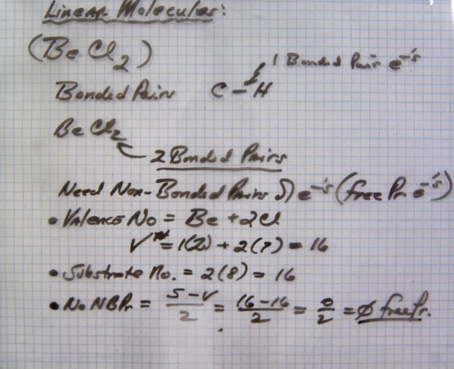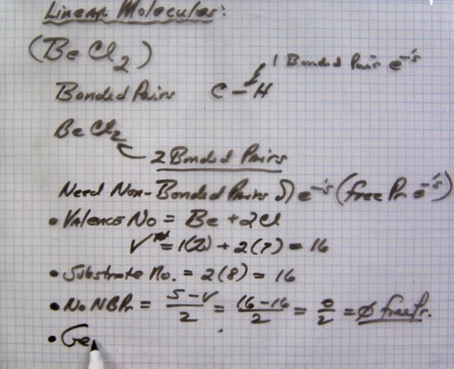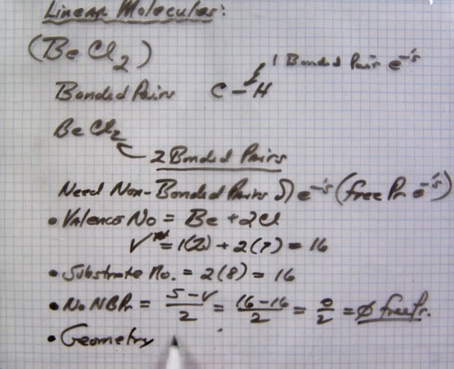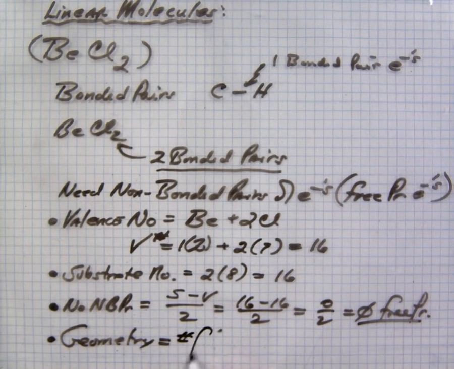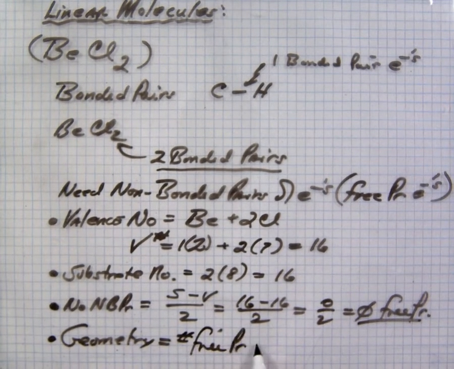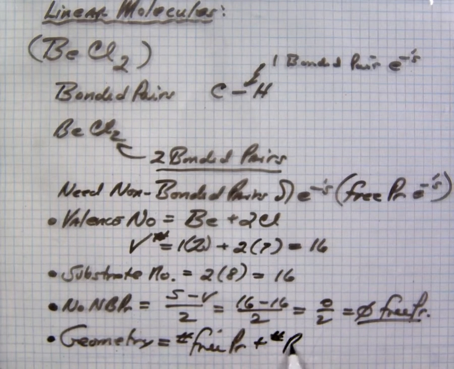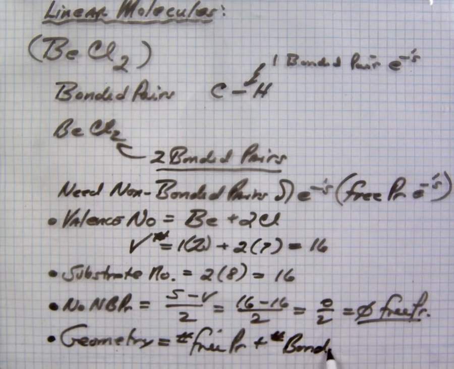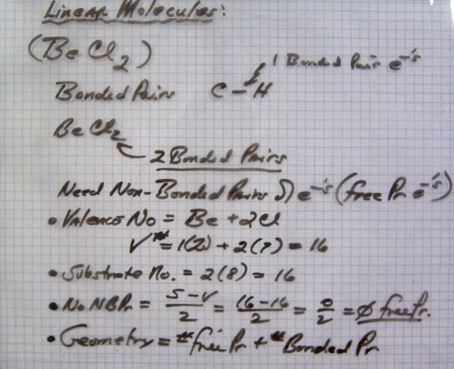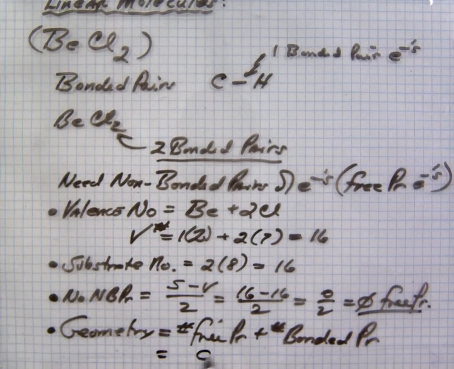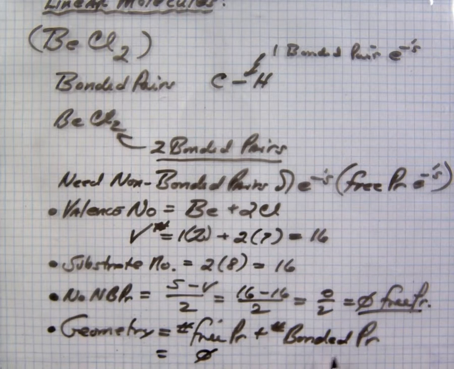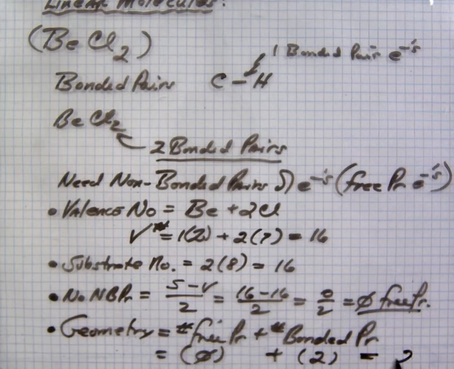Need the free pair and the bonded pair. My bad. Okay, geometry. Bad start. Geometry is the number of free pairs plus the number of bonded pairs. So when we look at the calculation here, we have 0 free pairs and 2 bonded pairs right there, and so that gives us 2.